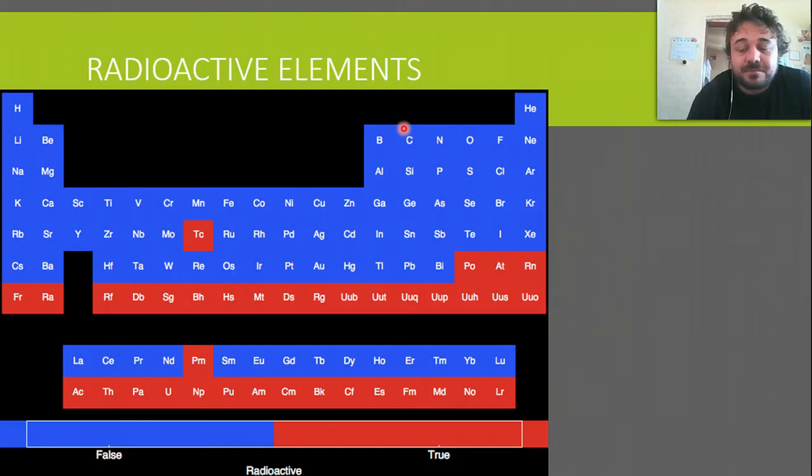So the last ones we need to label, and again, I don't mind how you do this, it's up to you, is you want to label your radioactive elements. These are the ones where you pretty much pick any of the atoms out and they're radioactive. So the red ones, that's our radioactive ones. If you're colorblind, it's these guys all the way across.